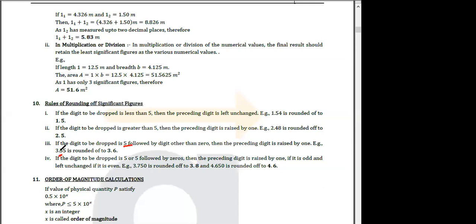That is a rule actually. I hope all of you remember the rule of odd or even.